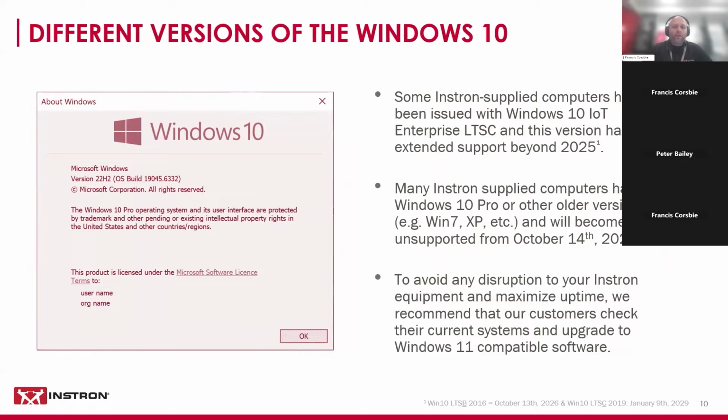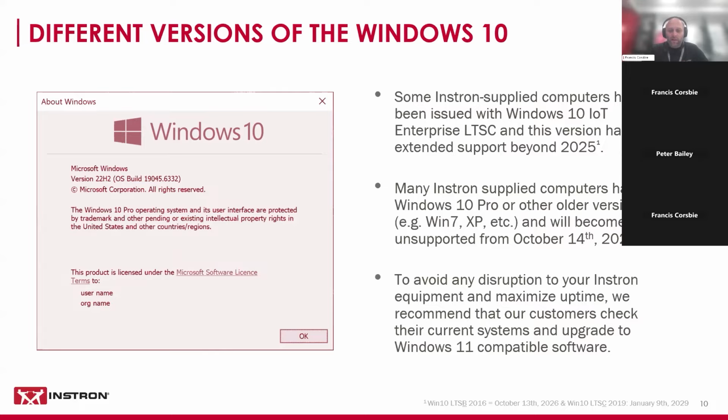There are also different versions of Windows 10 you need to be aware of. Some systems are supplied with Windows 10 Enterprise LTSC. This is typically on our static machines and not necessarily on our dynamic systems. However, these versions will be supported beyond October 2025, and the dates do differ.